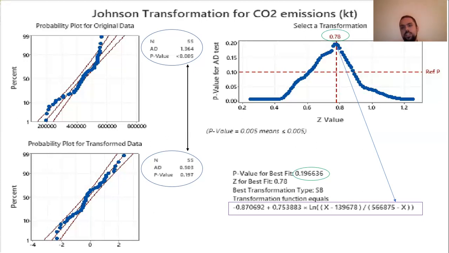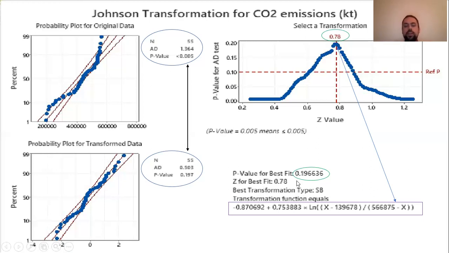Please pay attention that this z value with the highest p-value is always specified by the red number in the chart, and its p-value is specified on the chart too.